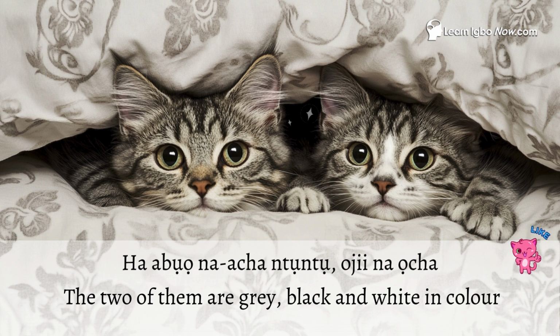So ntụ ntụ is gray, ojii is black, and ọcha is white. But when you're saying something like black only, you say ọ na-eji ojii or ọ na-eji nji. But when every other color is ọ na-acha, then you name the color.